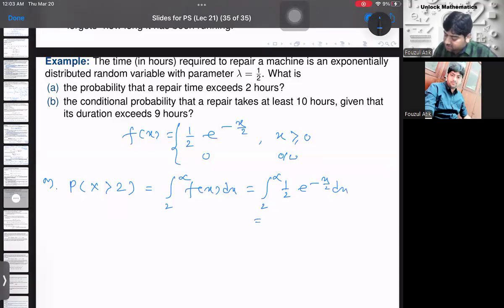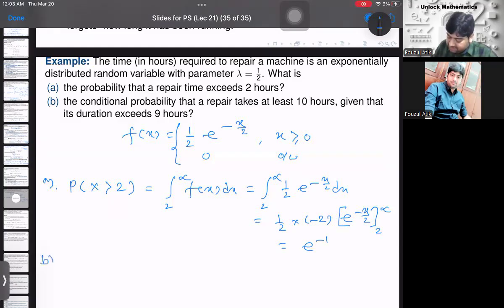The same thing we have been doing for the last few minutes. 1 by 2 into minus 2 into e to the power minus x by 2, between 2 and infinity. If you simplify it, it is 0 minus e to the power minus 1. So it is e to the power minus 1. The first part is done.